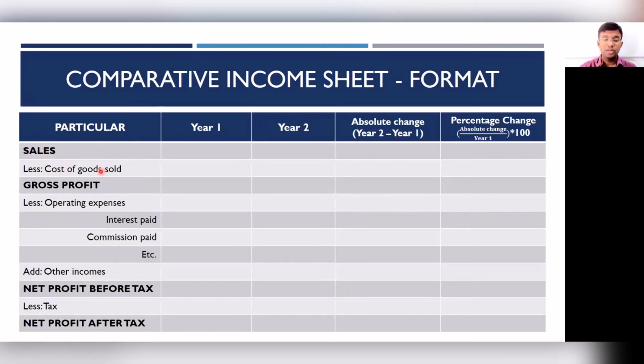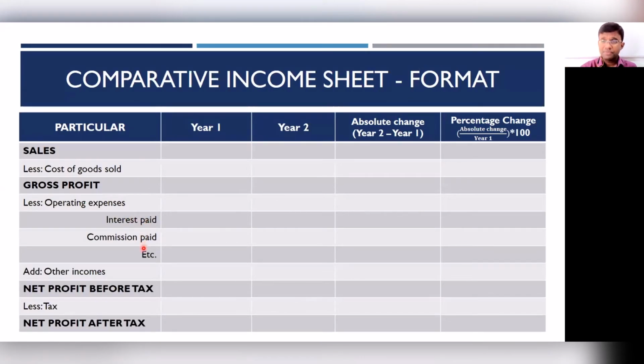Cost of goods sold is the measure of the operational expenses of a firm. It's basically all your direct expenses. When you subtract it from sales, you get gross profit. Now, from gross profit, you have to subtract your operating expenses. These are your indirect expenses.